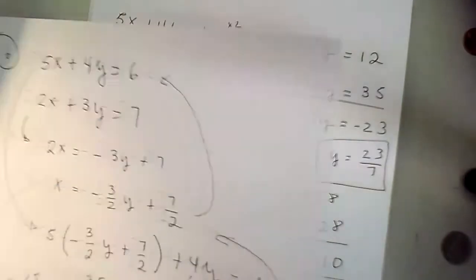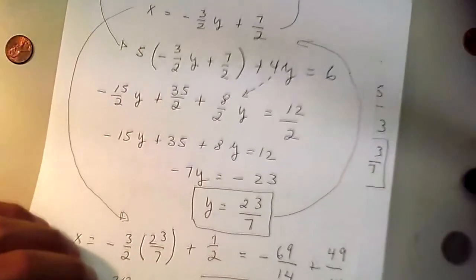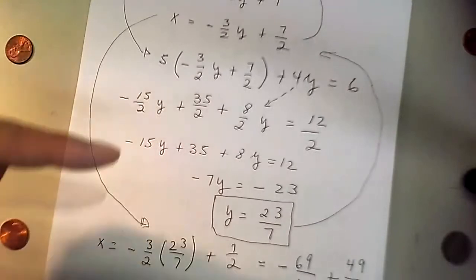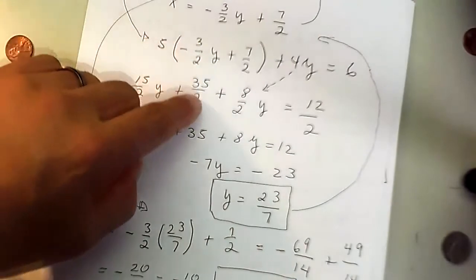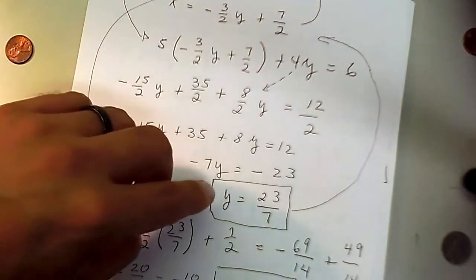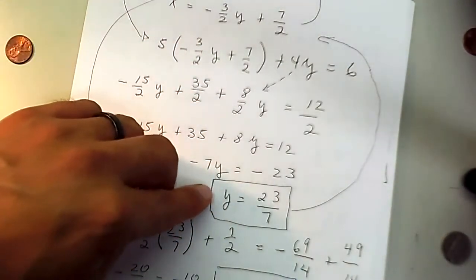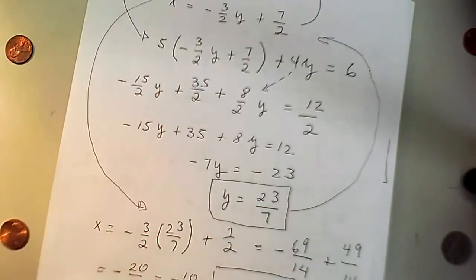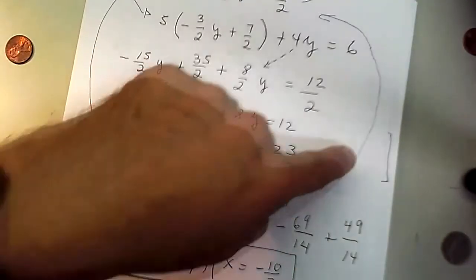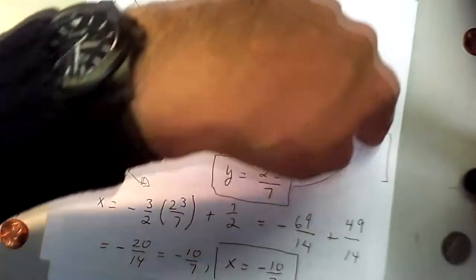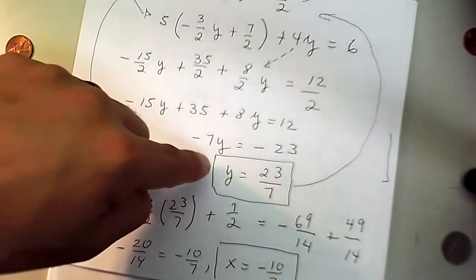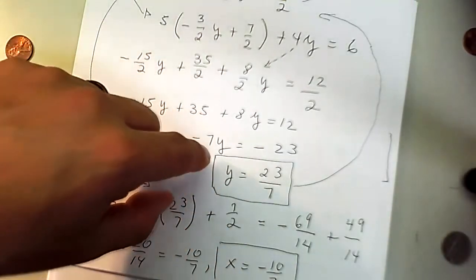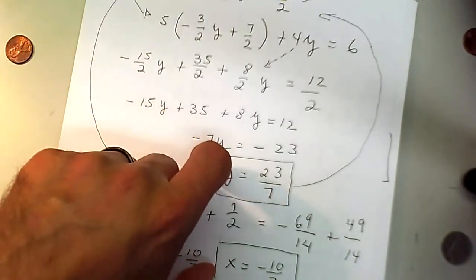Substitution has a flaw, and this is it. It is sequential. Substitution is sequential. What I mean by that is, okay, we solve for y, and then we used the value of y to figure out x. So we put this y that we found back into this to get the x value. That is a flaw in the sense that the solutions are not independent of one another as far as solving.